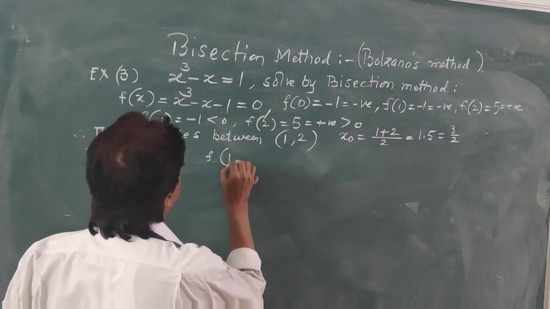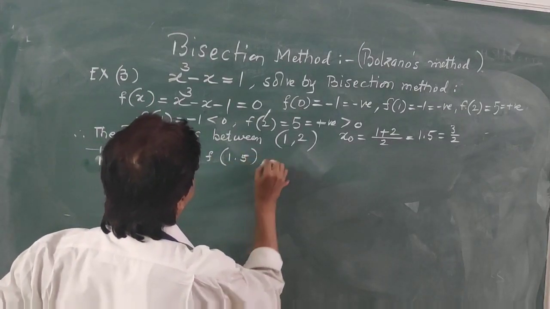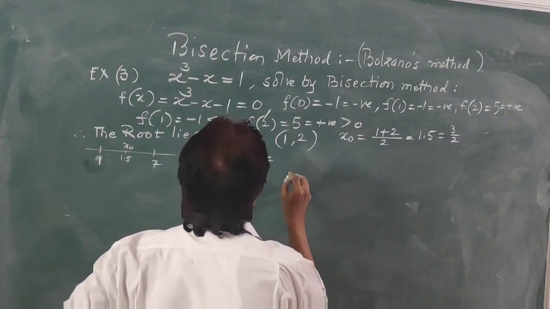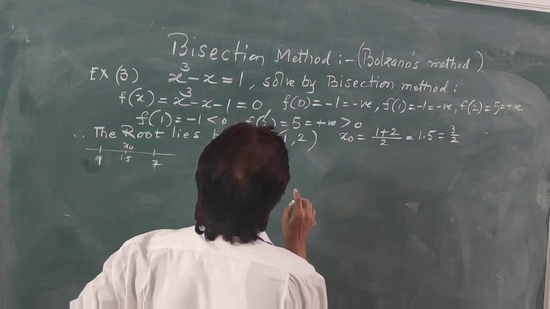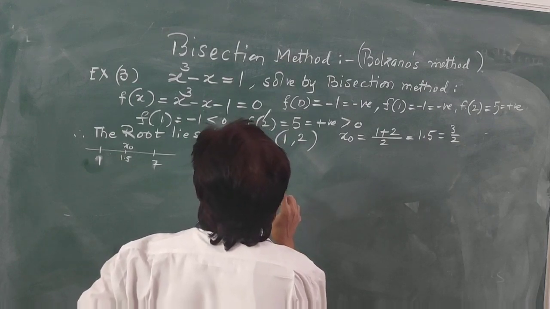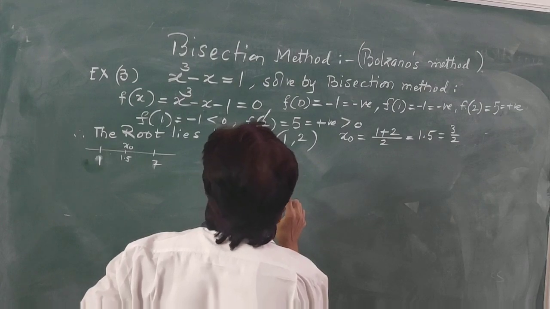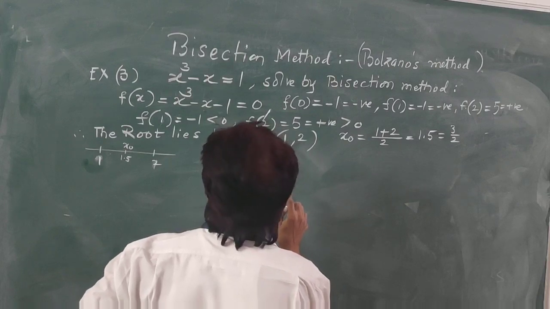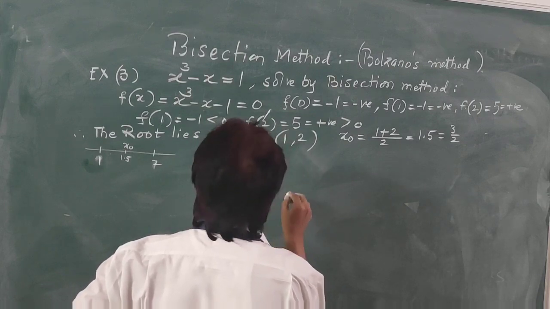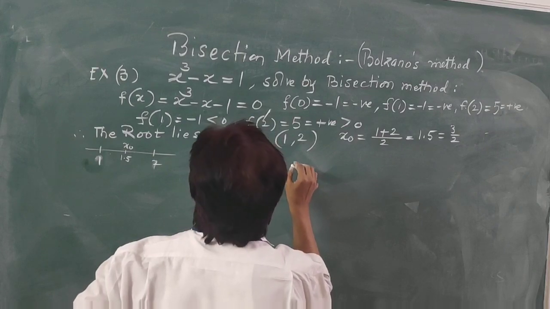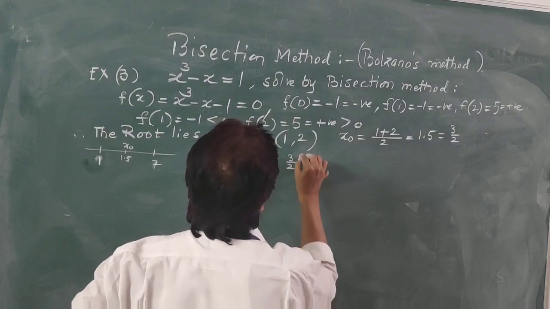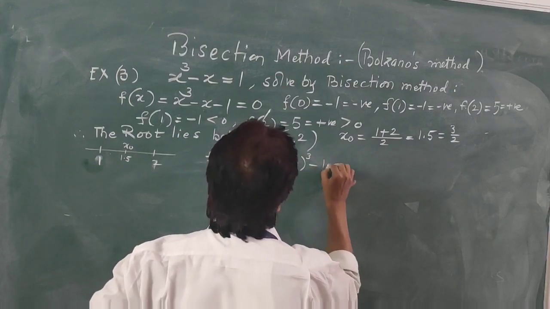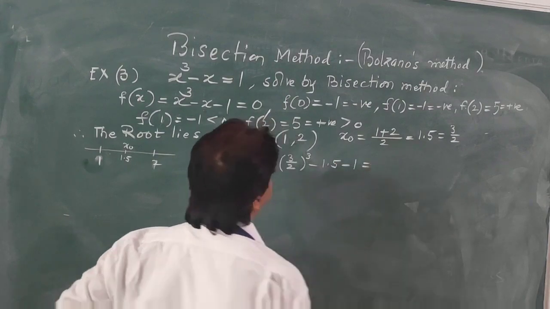F of 1.5. F of 1.5 is 1.5 cube minus 1.5 minus 1.